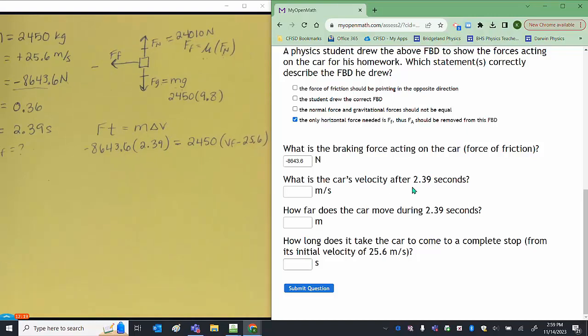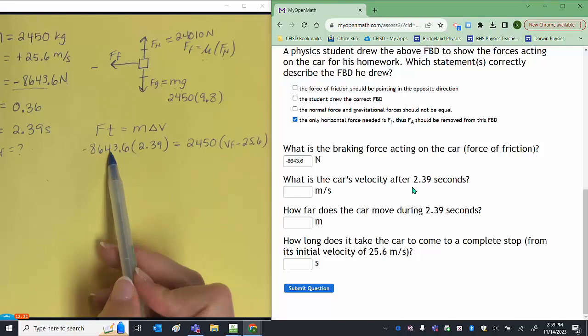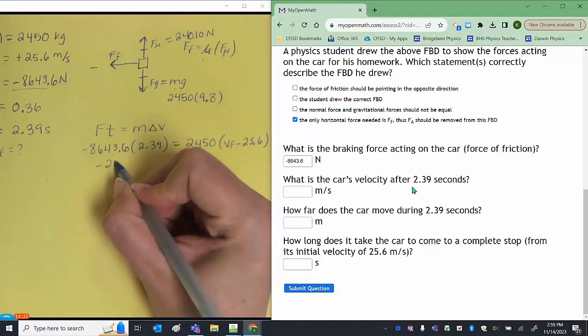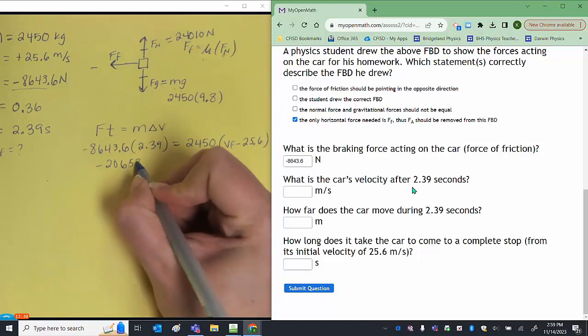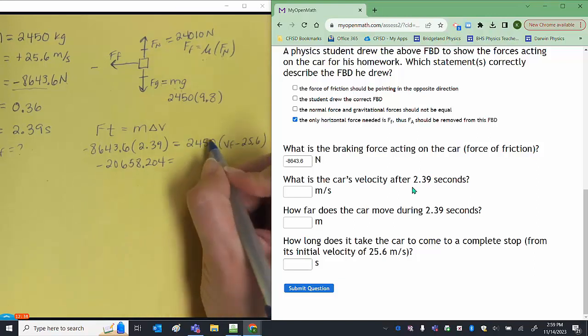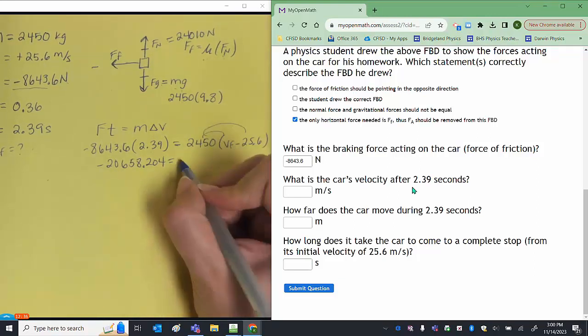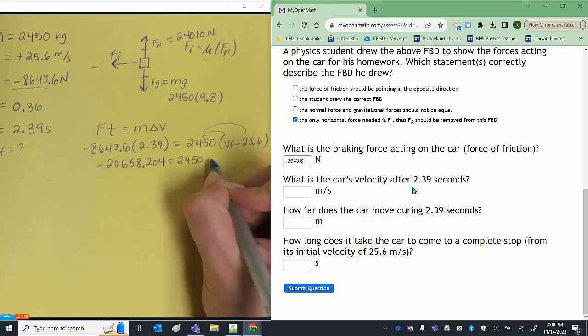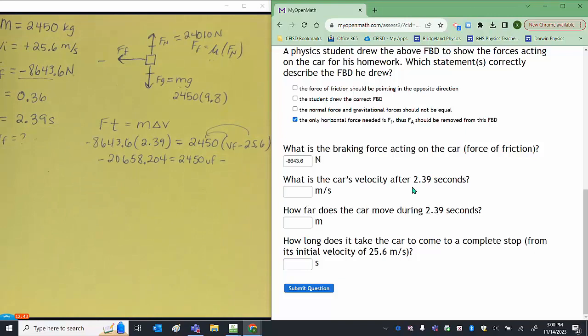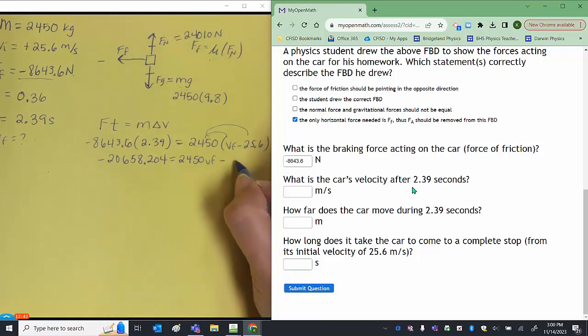Okay, so from here, I'm going to go ahead and multiply these and get this. Negative 20,658.204 equals, this needs to be distributed, so 2450 Vf minus 2450 times 25.6, which is 62,720.